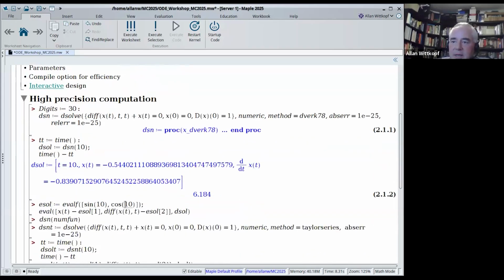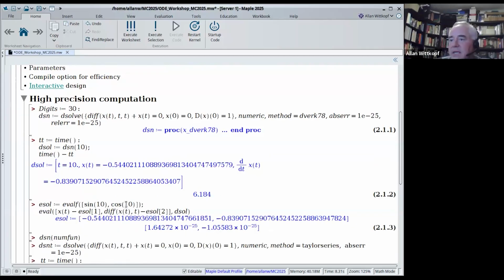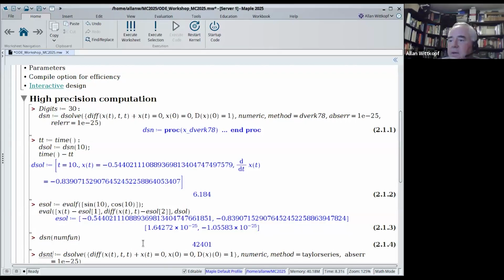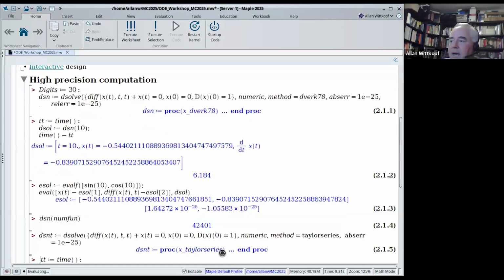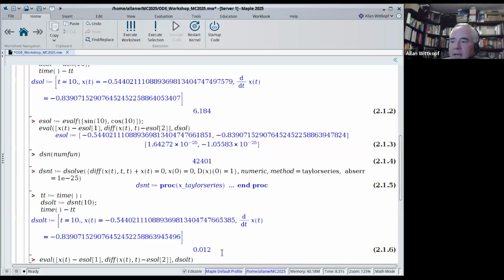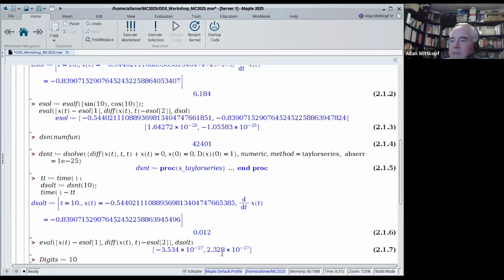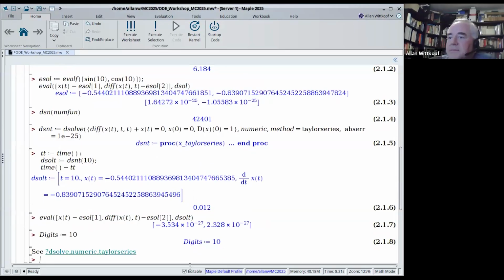And we can compare and make sure at least we're getting the right solution. And in fact, it does match up. And we can ask, okay, how many function evaluations did we need to do? And it was quite a few, 42,000. If we do the same with Taylor series, which is designed for higher accuracy, it's quite a bit quicker and gives quite similar precision.